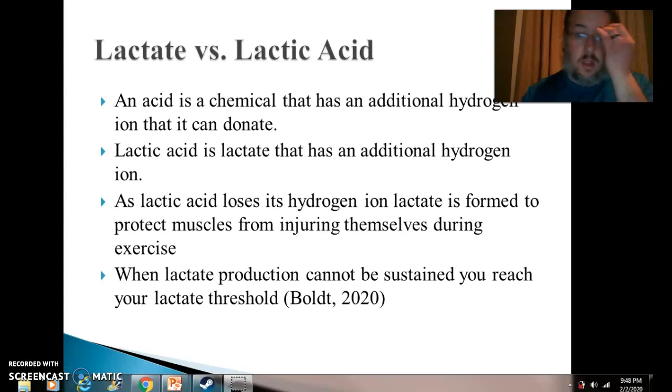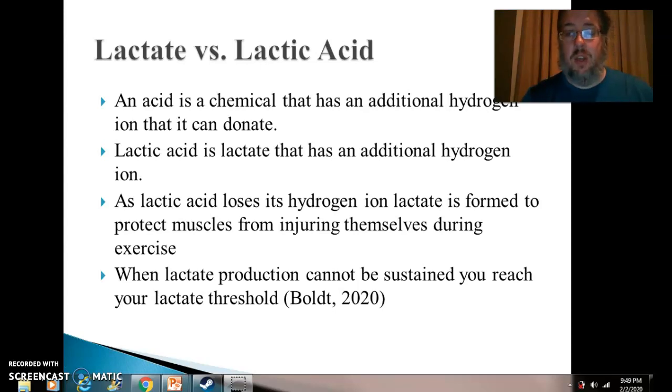As in the case with lactic acid, as the lactic acid loses its additional hydrogen ion, it gets converted back to lactate, and that's how the lactate is formed in this process. As it loses its hydrogen ion, it goes back to its base form.